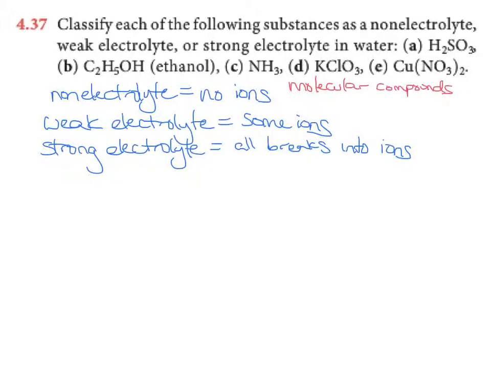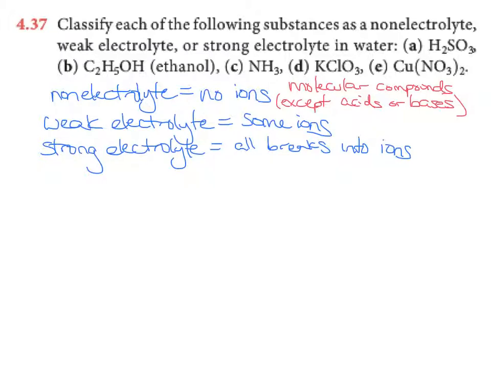The only thing we need to say here is except acids or bases, okay? Because acids and bases are going to be either strong electrolytes or weak electrolytes, depending on if they're strong acids, strong bases, weak bases. So typically covalent or molecular compounds are non-electrolytes unless they're acids or bases, which is why it's important for us to be able to recognize acids and bases.